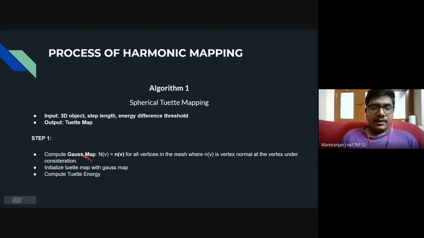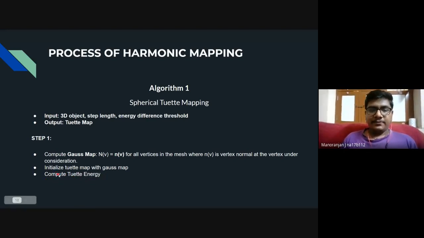I'll be talking about this Gauss map in the next slide as well. And for knowing when to stop, we'll be introducing a term called Tewart energy. I'll be touching upon what Tewart energy is as well.